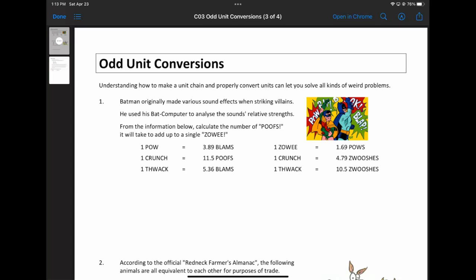The other thing is they actually are useful in real life for things where we can equate things, but they're not actually directly unit conversions.